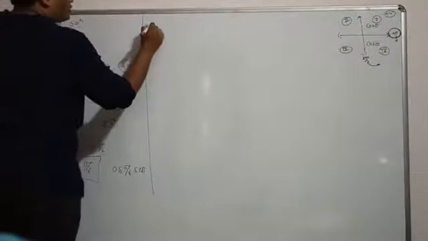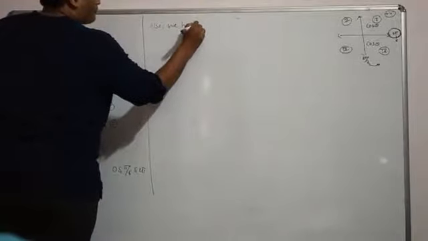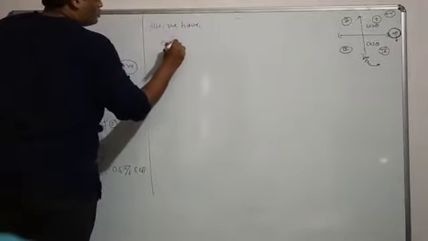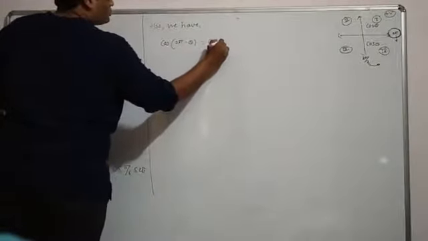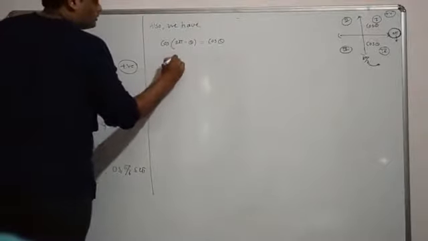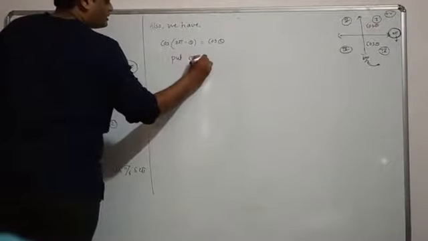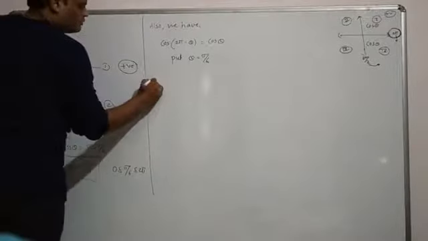So we have cos of 2 pi minus theta is equal to cos theta. Put theta is equal to pi by 6 here. So what you have?